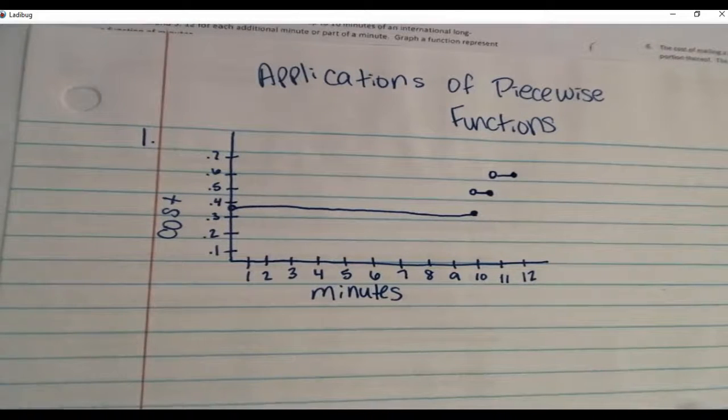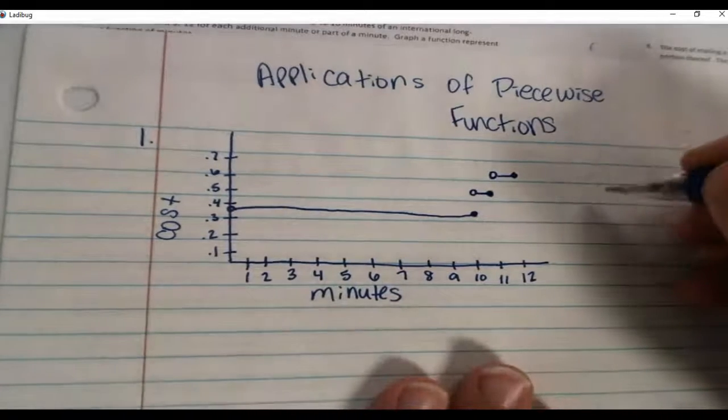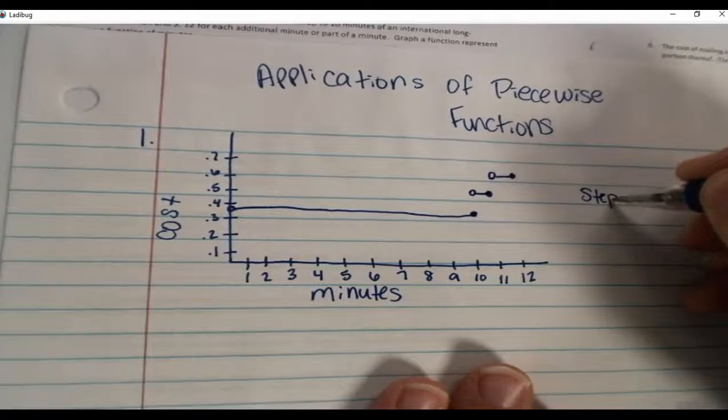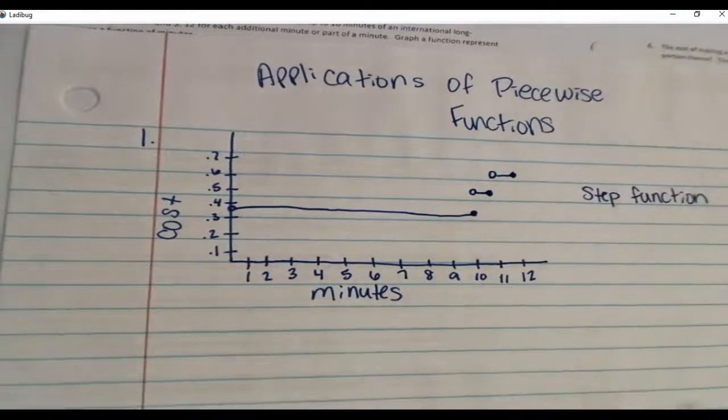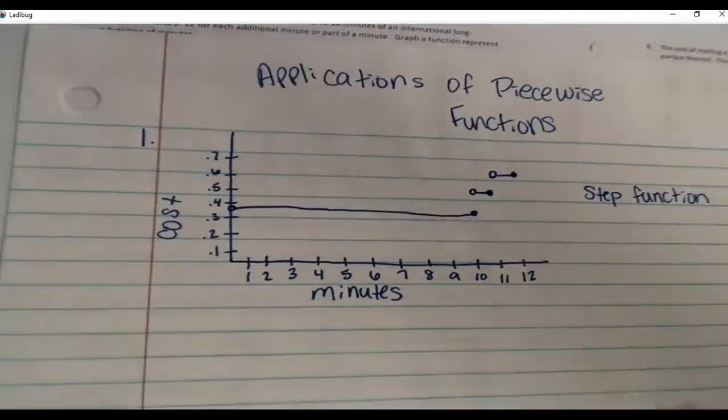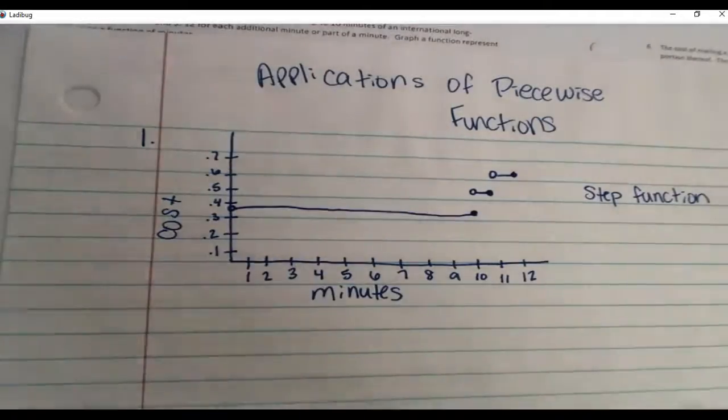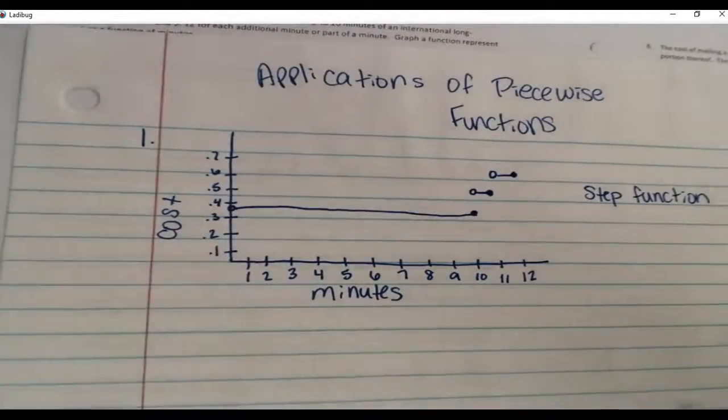It doesn't tell you the length of the phone call, so you could just keep on going, but we'll just stop there. This kind of function is called a step function. That's when you have constant costs or constant whatever you're talking about, and they just go up in intervals. So you don't have the diagonals connecting them, you just have like steps. Any questions on this?